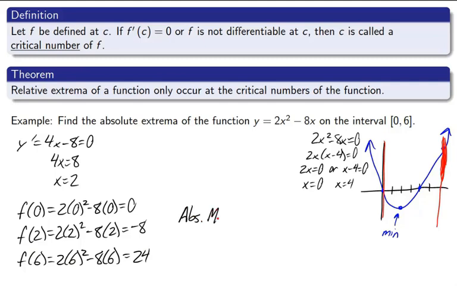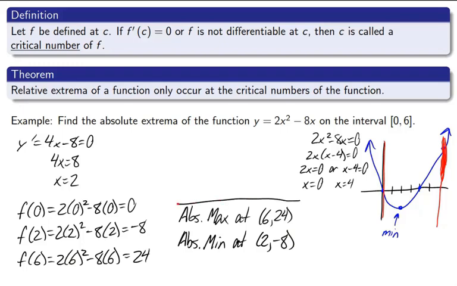The absolute maximum is at 6, 24, and the absolute minimum is at 2, negative 8. So we use the picture to get that.